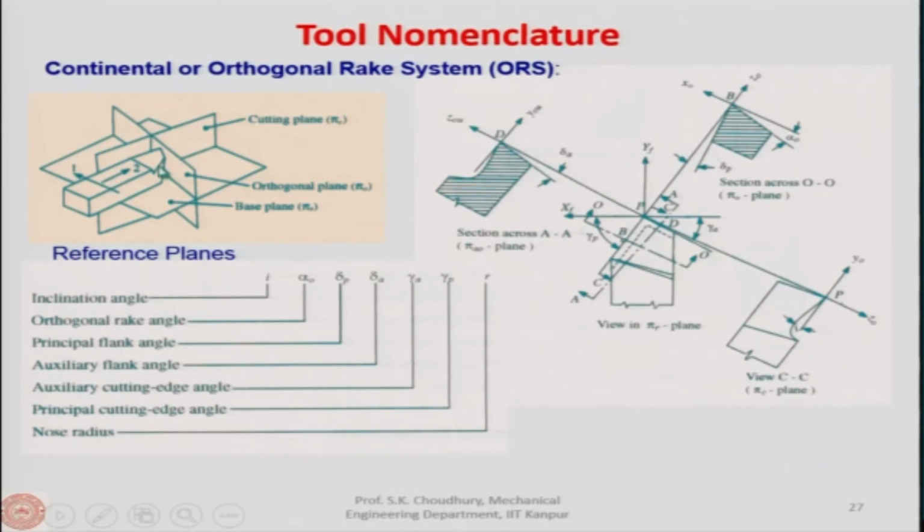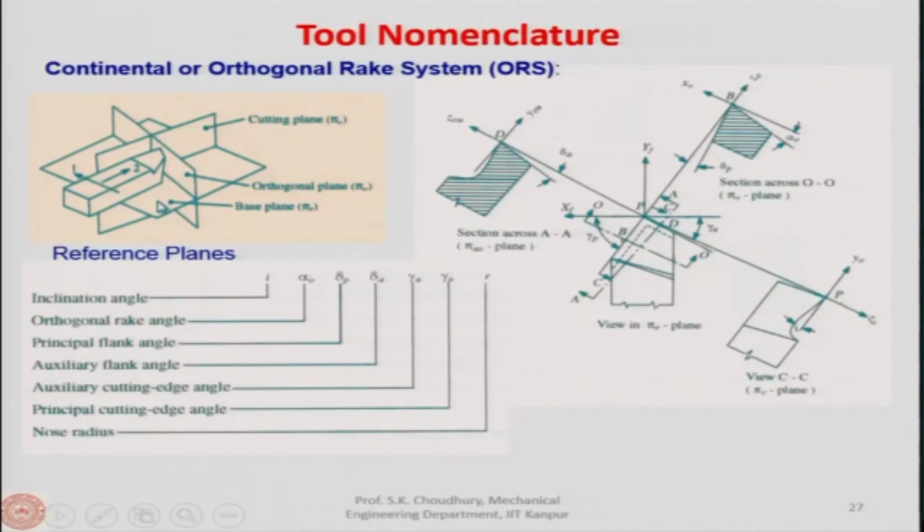In the orthogonal rake system, the reference planes are as follows. It is the same base plane that we took in the coordinate system, where the tool is lying. With respect to that, we will take the other angles in other different planes.